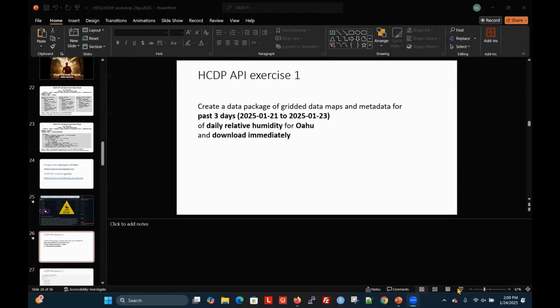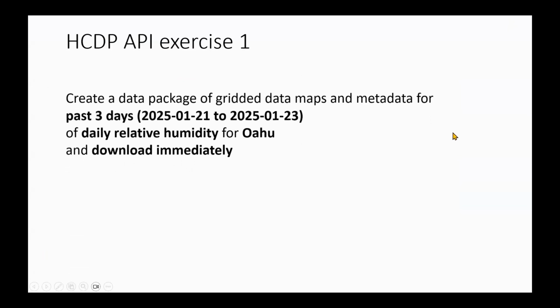Okay, so the first API exercise is: let's try to create a data package of gridded maps and metadata for the past 3 days, January 21st to 23rd, of daily relative humidity for Oahu, and download immediately.